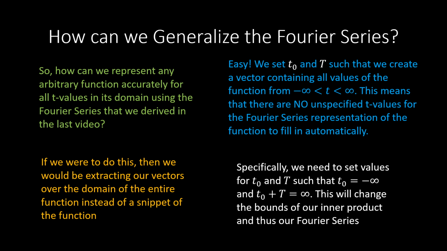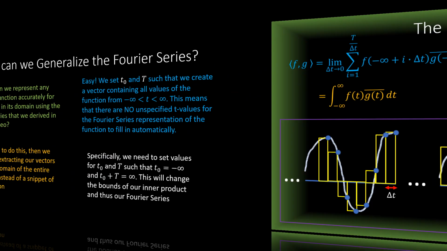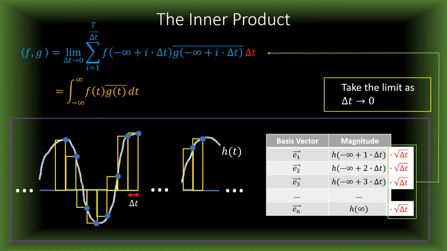This will change the bounds of our inner product and thus will change our Fourier series. As shown in this slide, substituting negative infinity and infinity for our lower and upper bounds respectively will change our inner product so that it no longer has bounds.